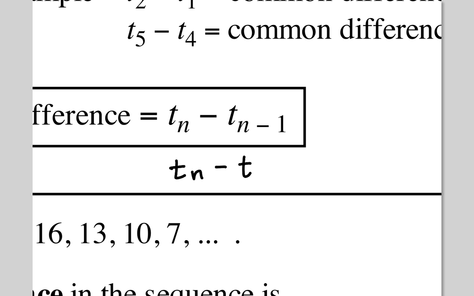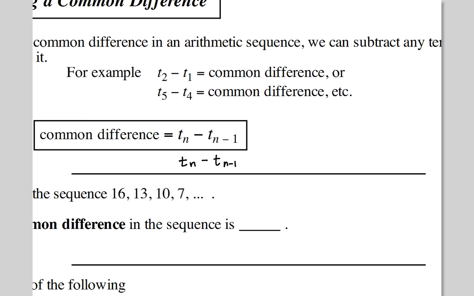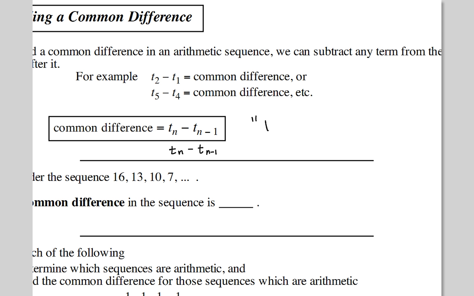Well, that'll be Tn minus 1. So if n was 7, 7 minus 1 is 6. T7, take away T6. It'll always work out like that. It's the next, take away the previous. So we can jot that in. The next, subtract the previous.